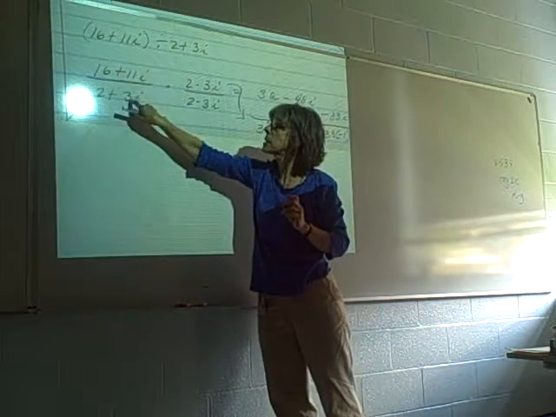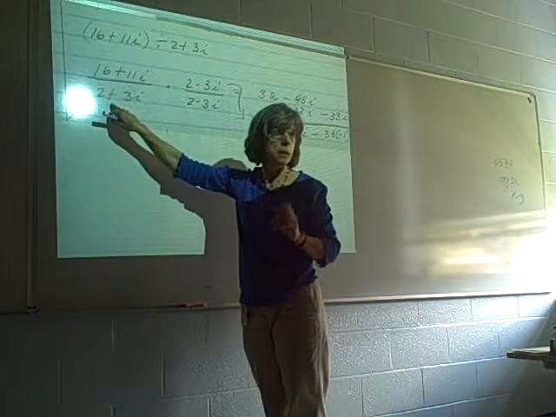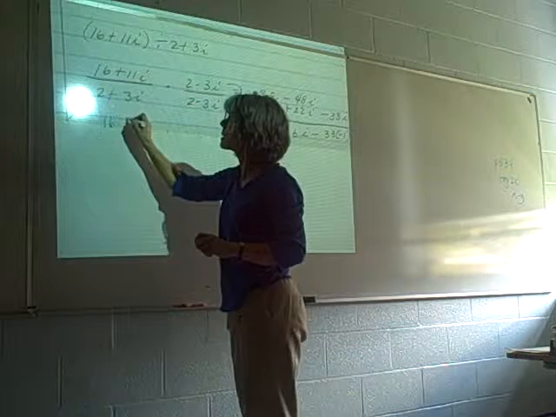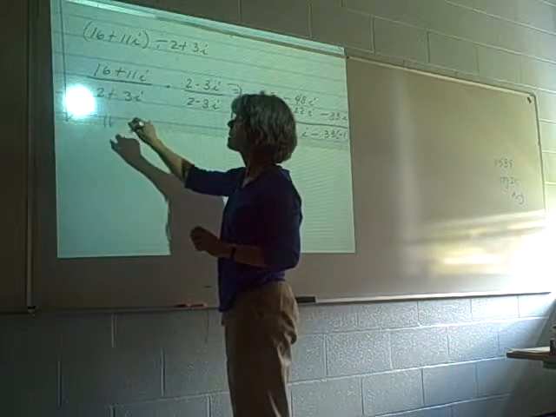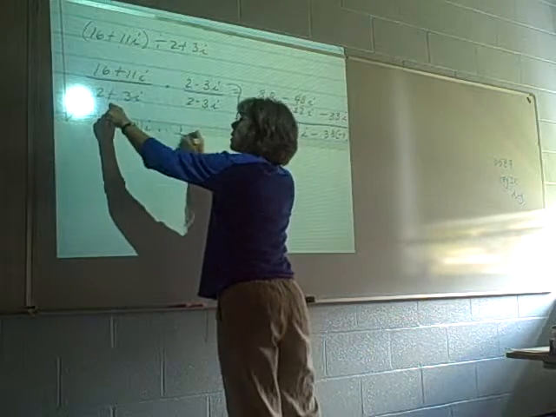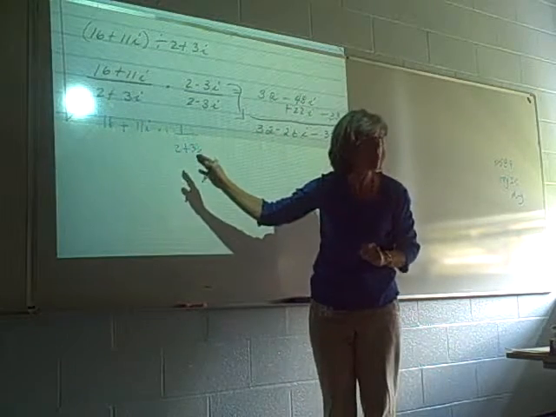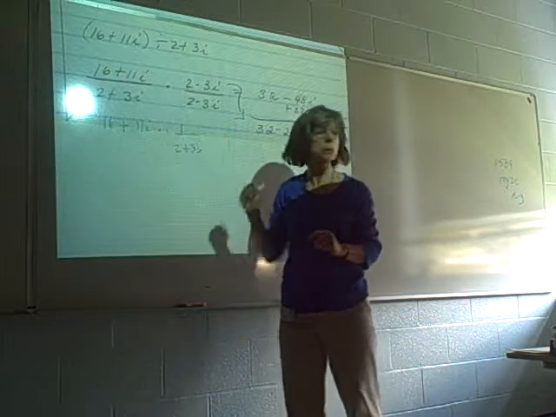So isn't this saying 16 plus 11i divided by this? I really could rewrite that even further as 16 plus 11i, that's a plus, times 1 over 2 plus 3i. Isn't that the same thing? Because if I multiplied this across, won't I have that?